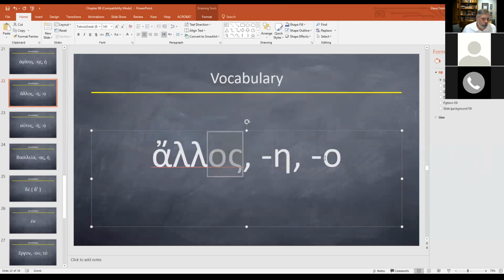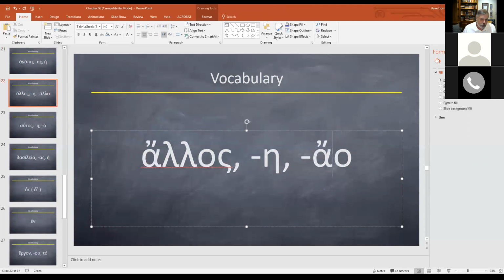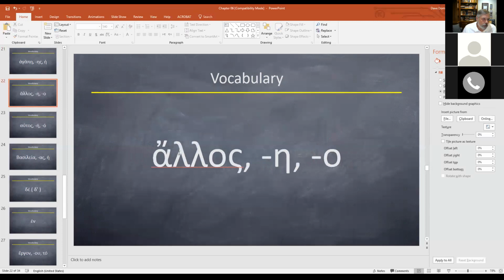If it's modifying a neuter word, another spirit, it would be alla. And so it's the same word, with different endings, so I know what it's agreeing with. So this is an adjective. We hadn't got to adjectives yet, but I just want you to see why it looks that way. So don't try to learn that, but just understand why it looks that way.